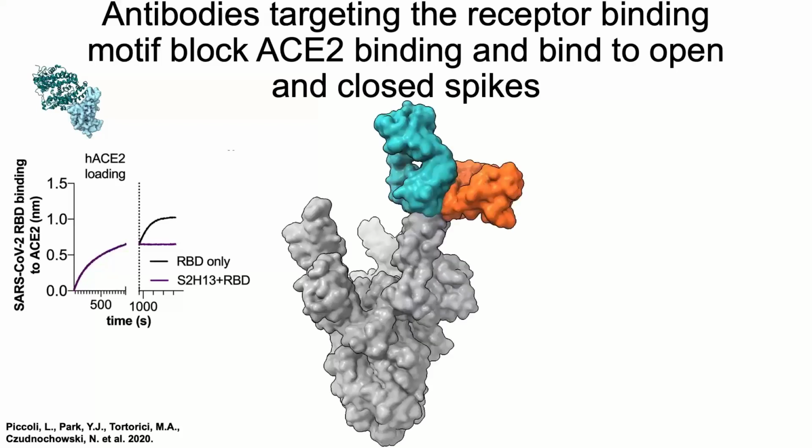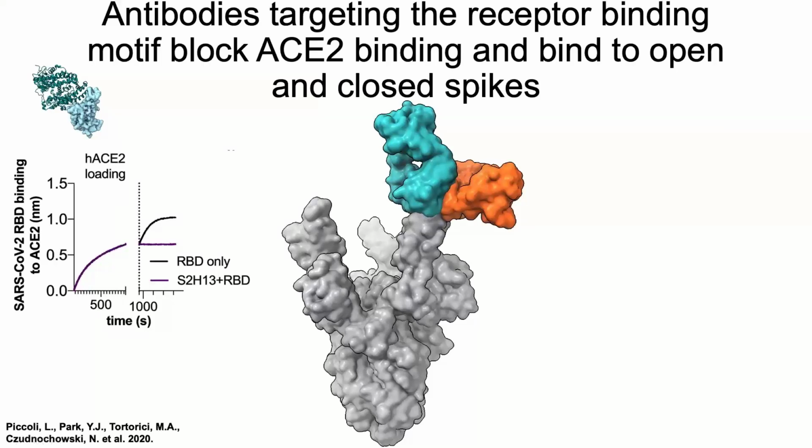And we then went on to characterize that structurally. We've now found many, but at this point we found two antibodies that you can see bind in two completely different ways, but both still block the ACE2 interaction, which is really occurring right at this tip here.